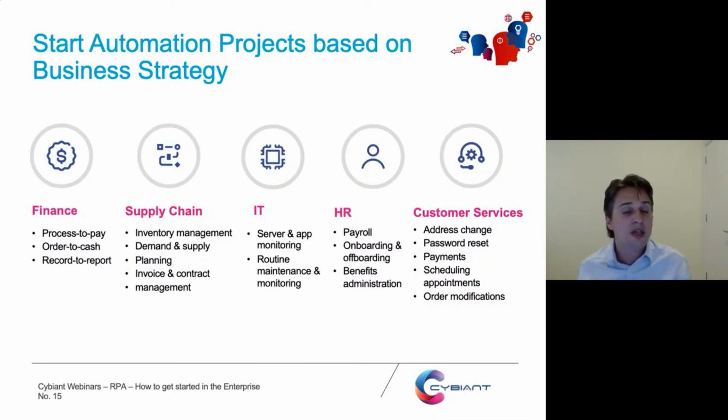These happen in almost every organization and are primary use cases for robotic process automation. The same can be said for supply chain, IT, HR, or customer services. All of these different departments will have a number of repetitive processes that need to be carried out as part of the day-to-day execution.